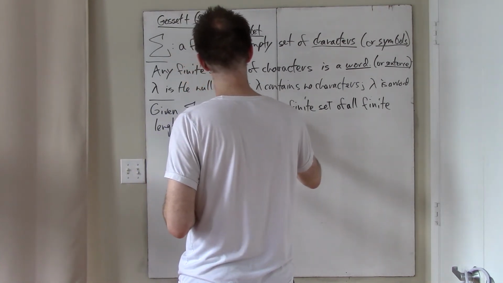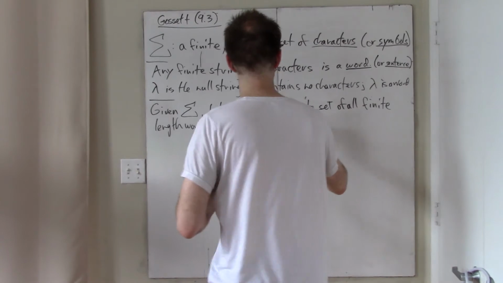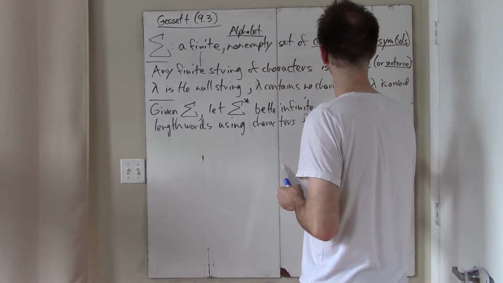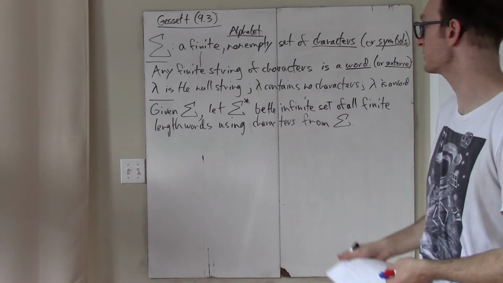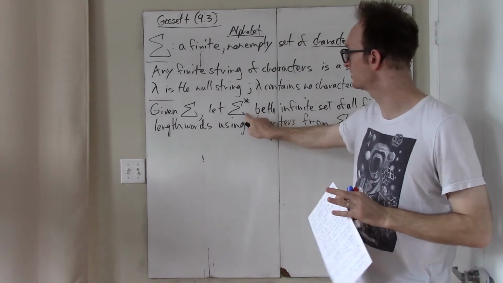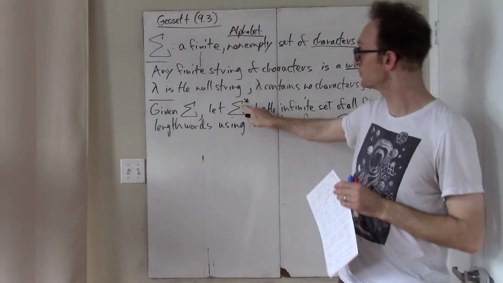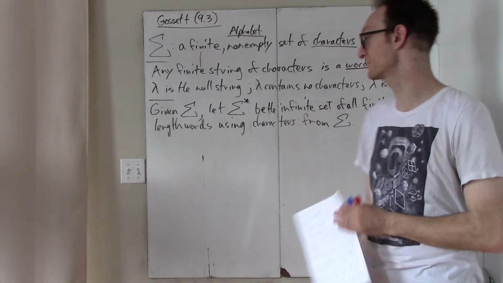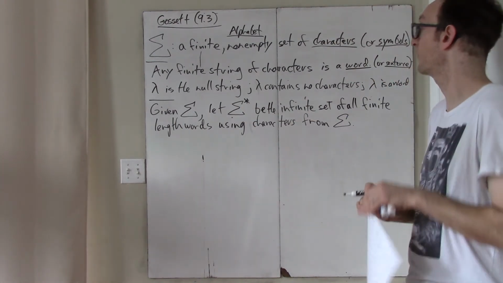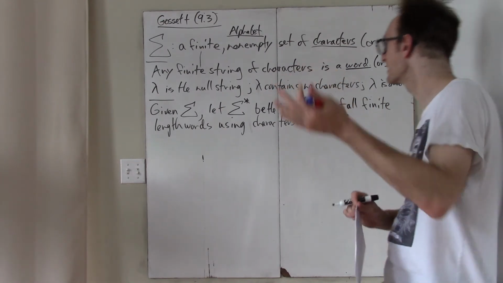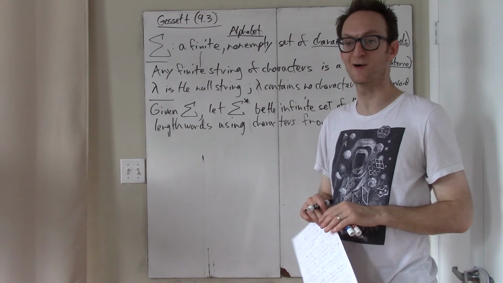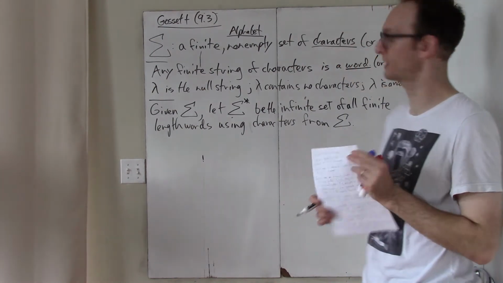Using characters from sigma. So given some set of characters, I introduce this new notation, sigma star, which Gossett also introduces, to refer to all possible strings composed of characters from that particular alphabet.